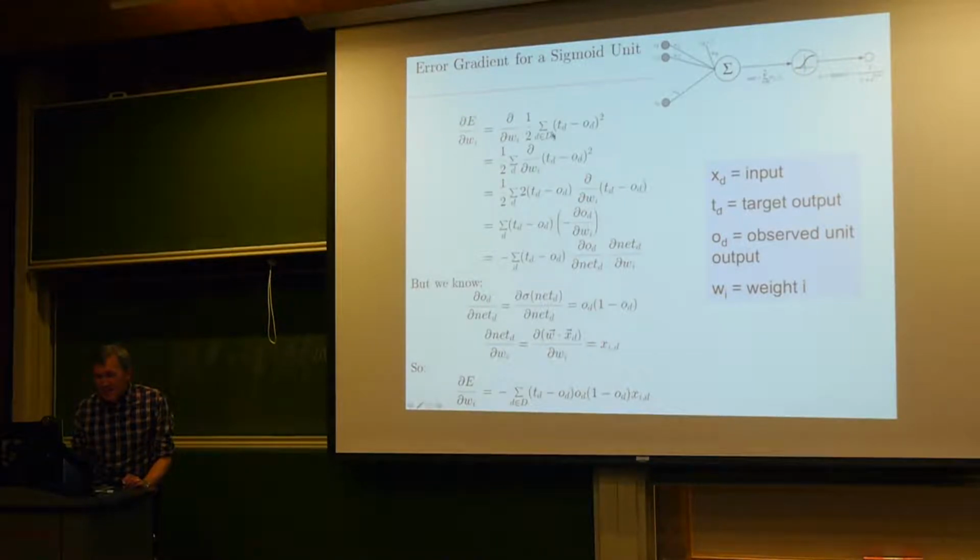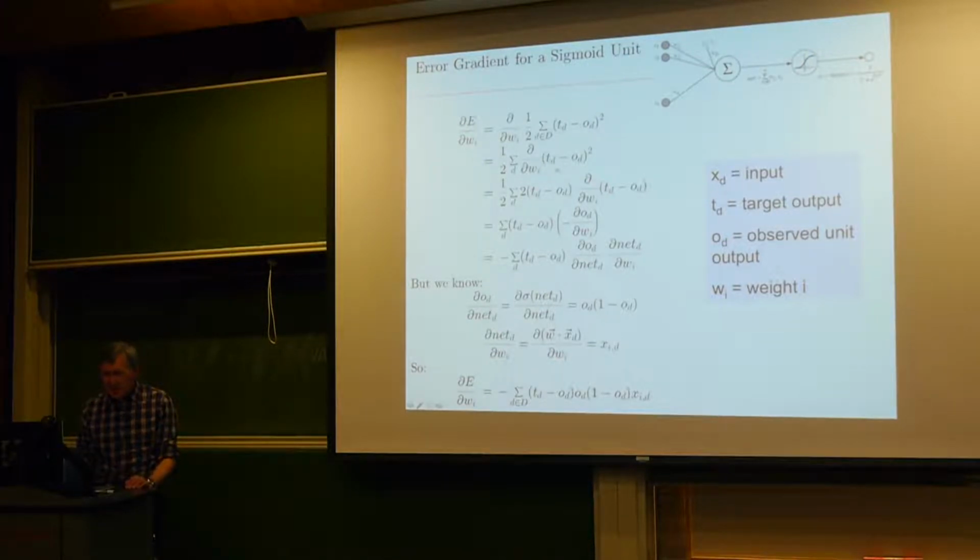If D is my training data, then the error is just the sum over those training examples of the difference between the target output that we want our unit to output and the output computed by our unit for the input vector xd. We want to minimize the sum of squared errors there.